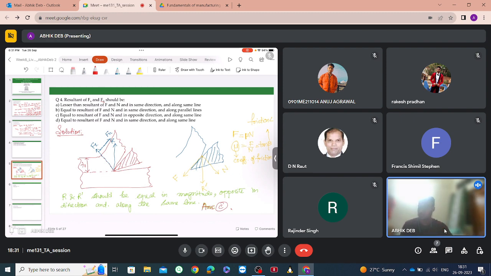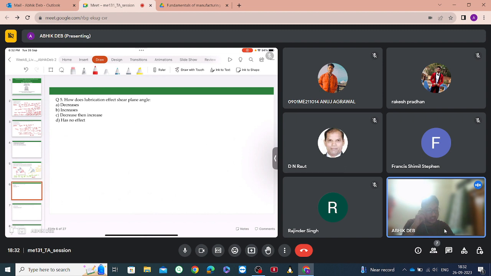So Merchant has established these forces Fs, Fn, F and N in terms of Fc, Ft, the shear angle and the rake angle. And Fc and Ft can be measured using a force dynamometer. That is how we can measure the values of Fs, Fn, F and N.